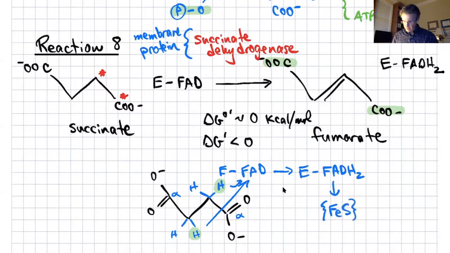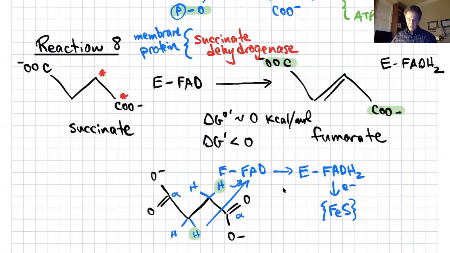It's going to take those electrons from FADH2 and transfer them to that iron sulfur cluster. And then they're subsequently going to roll downhill to help us make ATP eventually, right? So succinate dehydrogenase is the only enzyme that's directly coupled, both in the chemistry it's running for the TCA cycle and in the subsequent activities of the system that's going to make us ATP. All right, so that's reaction 8.